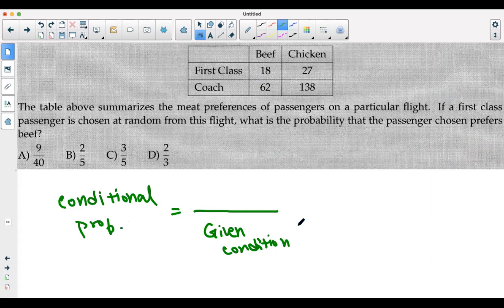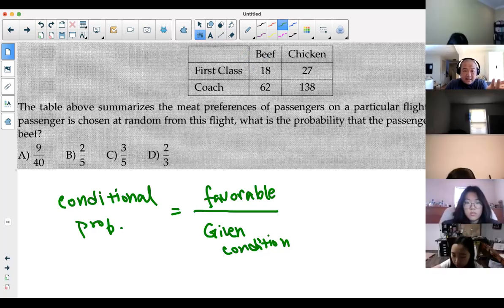Based upon the given condition, that's my denominator. And then the number of favorable outcomes from that given condition. That's conditional probability. And that's the major concept in SAT that they like to test you on in terms of probability.